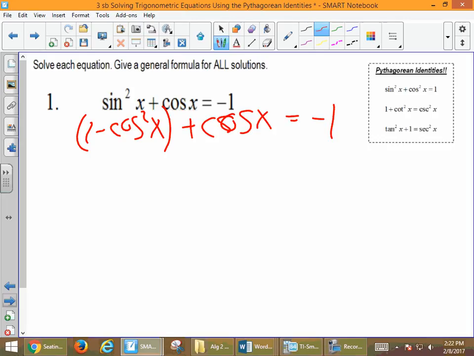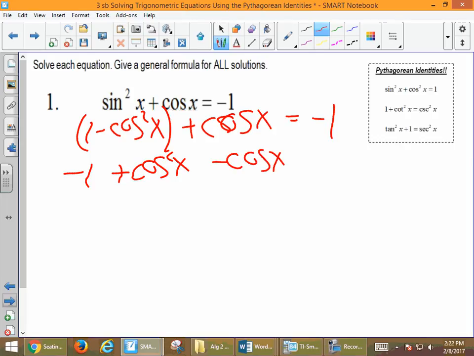And now, what do you think we need to do? We want to get all of our terms on one side so we can solve for cosine squared of x. We typically want a positive leading coefficient, so I'm going to get all my terms on the right side. I'm going to subtract 1, add cosine squared of x, and subtract cosine of x.